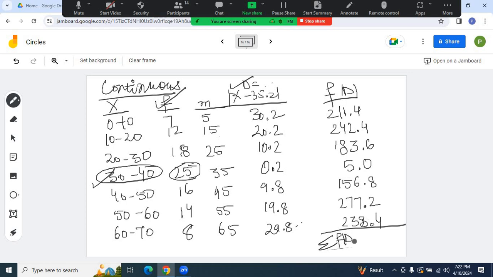Summation FD, I will add them, is 1314.8.